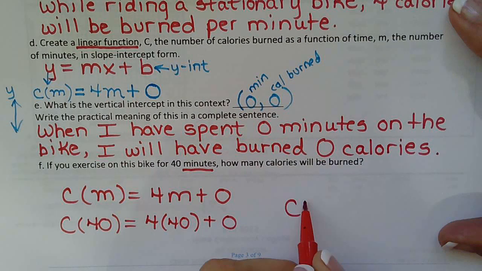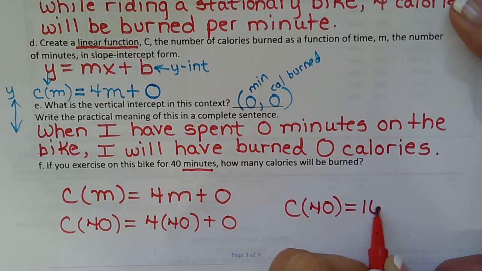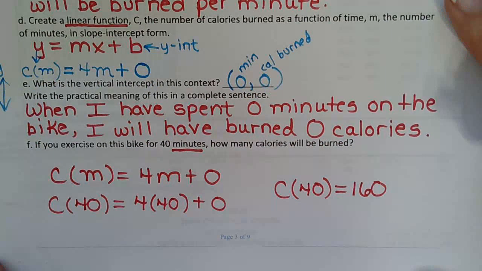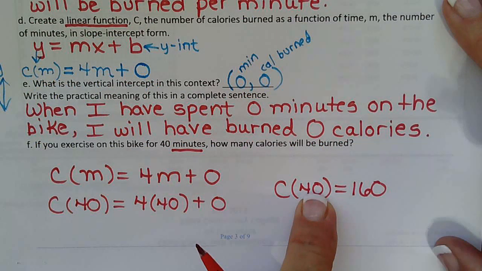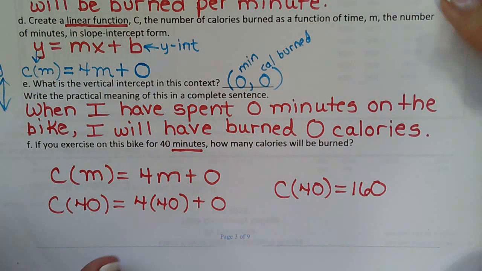So we can easily see C of 40 is 160. So if you're on the bike for 40 minutes, you will burn 160 calories.